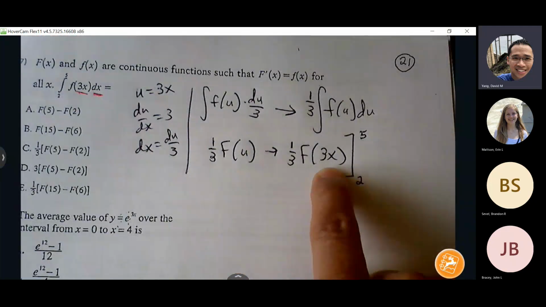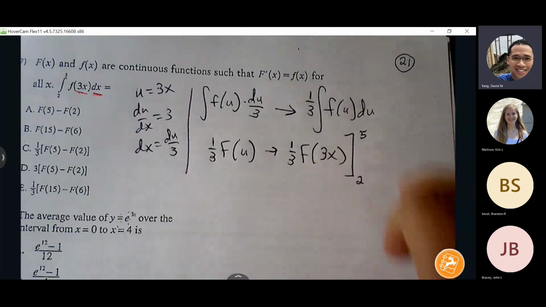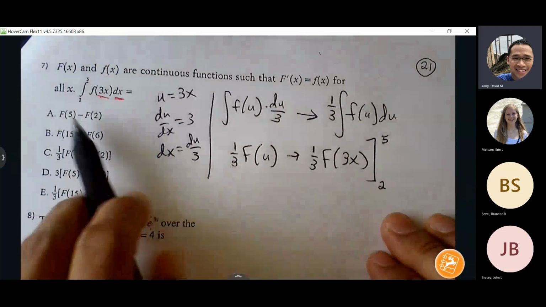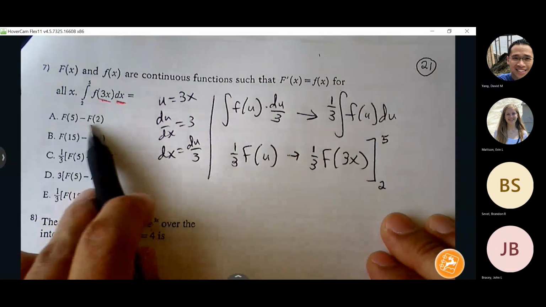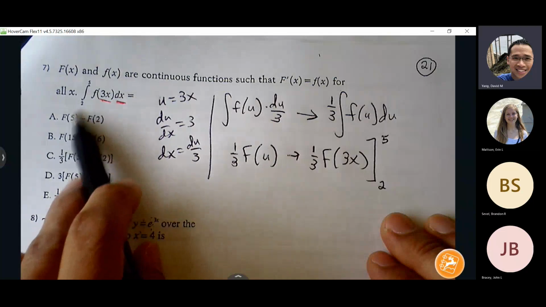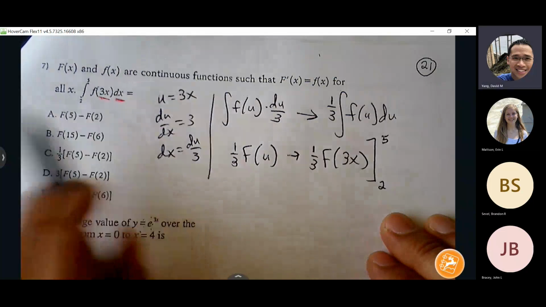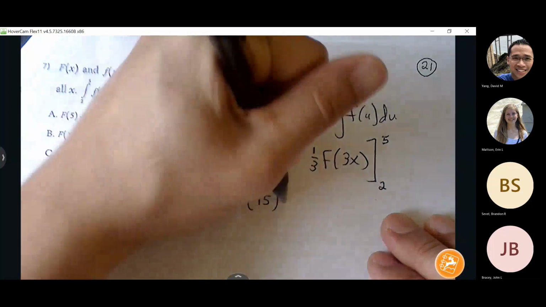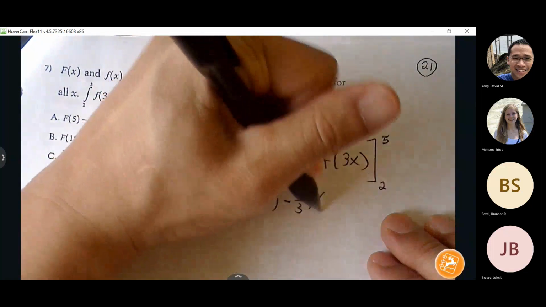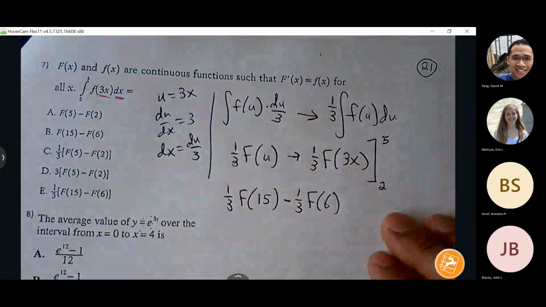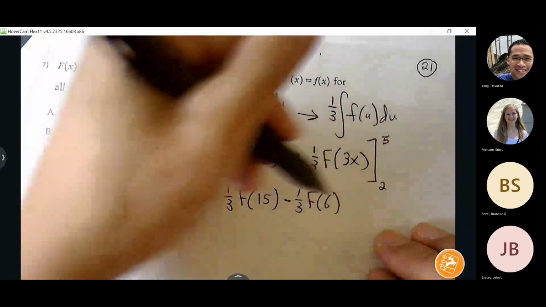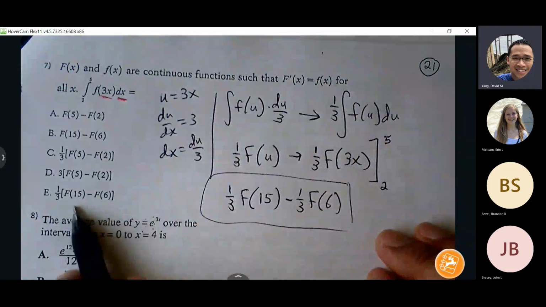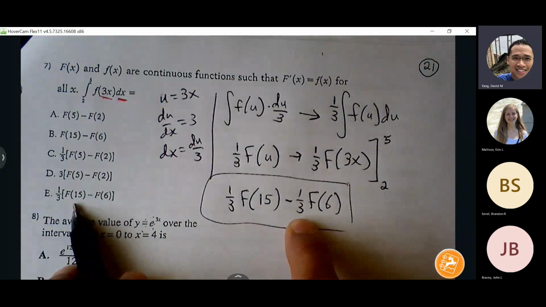So x here, x is here. So now we can plug in the upper and lower bound. But you see how they are prepared for students to make that potential mistake. Okay, what they did was they factored the 1/3 out, but it's the same thing.